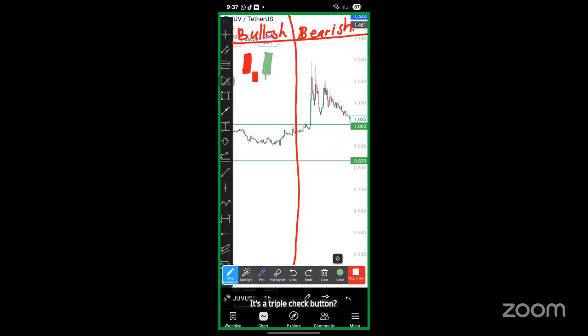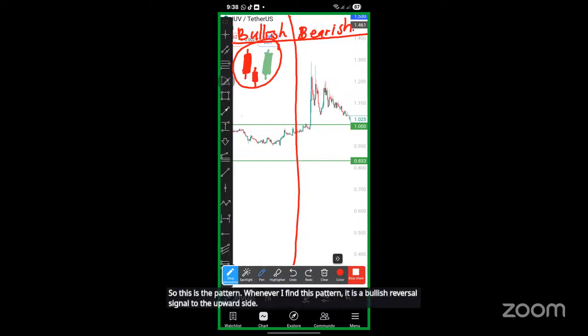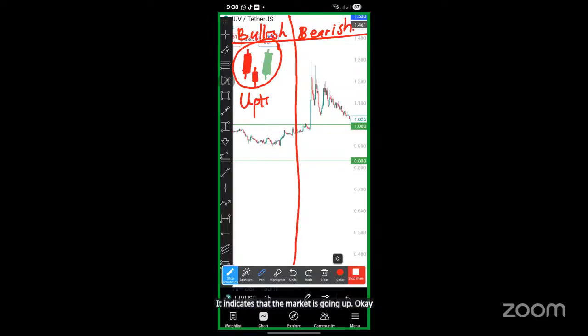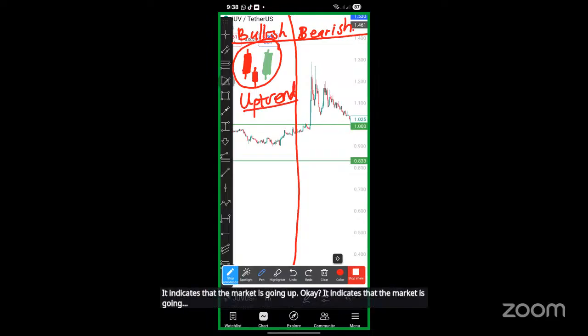It is made of these 3 candles, as we are going to see. So this is the pattern. Whenever I find this pattern, it is a bullish reversal signal to the upward side. It indicates that the market is going up. It indicates an uptrend.